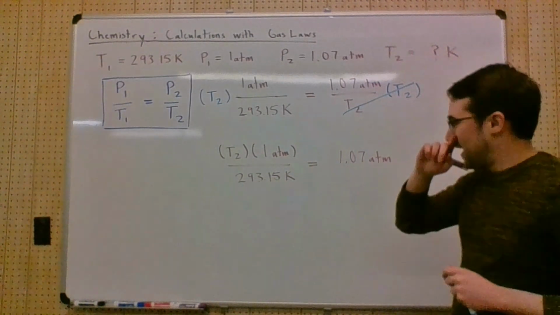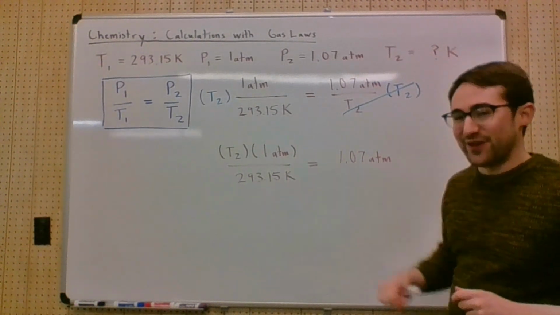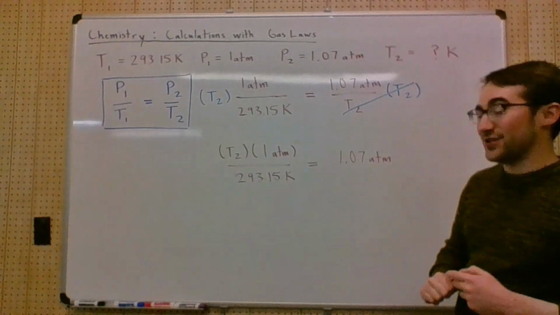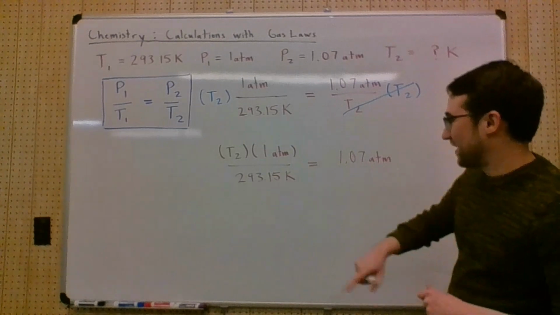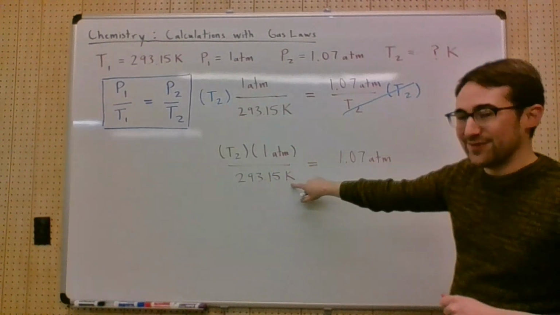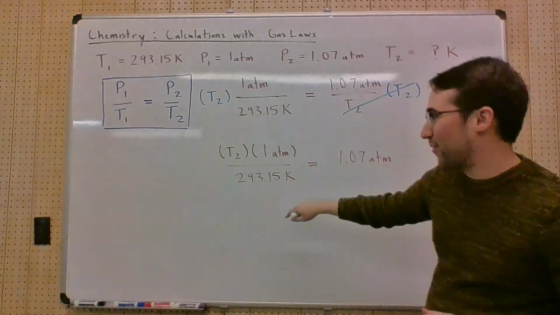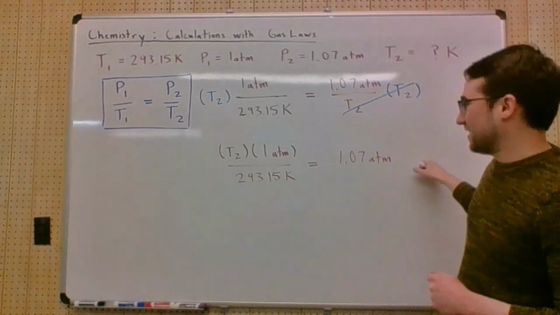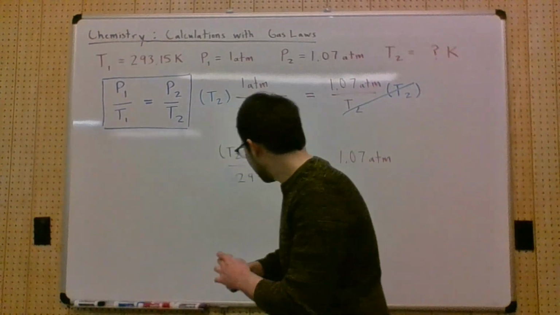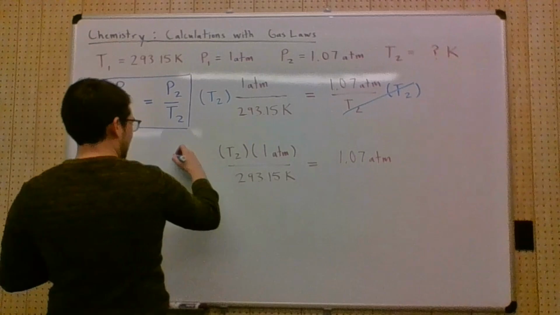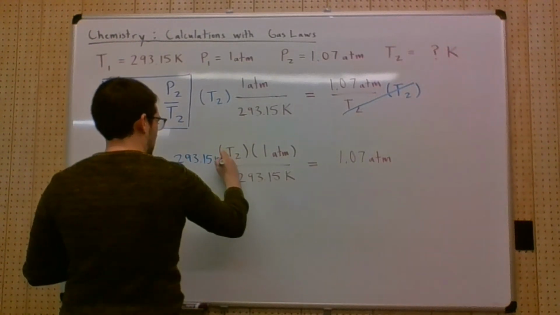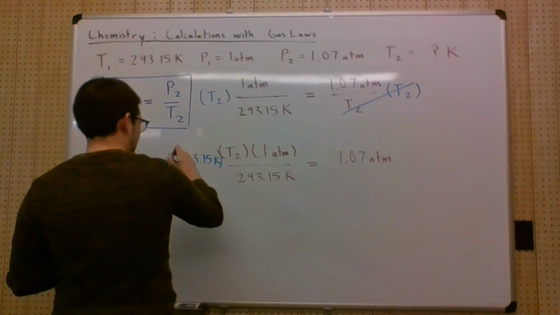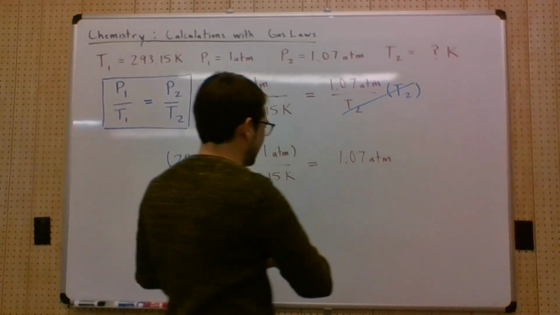So I've got to undo the 1 atmosphere and the 293.15 Kelvin on the left side. So to get rid of this 293.15, since it's being divided on the left, I want to multiply it on both sides. I'll squeeze that in there.